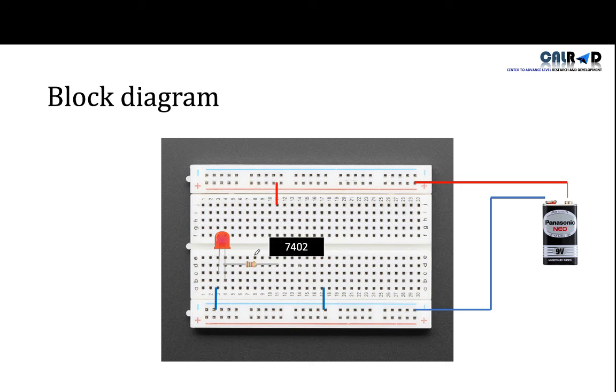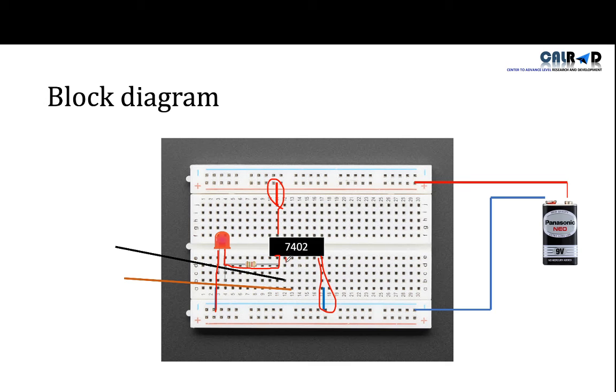Now the final step will be putting input wires. So this is the wire on leg 2, and this is the wire on leg 3. Now we have positive terminal on our 14 leg, negative terminal on our 7 leg, and output resistor on our leg 1, and this resistor is connected with the positive leg of the LED, and the negative of the LED is connected with this wire and the negative terminal.